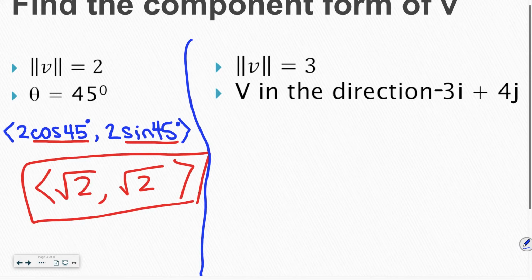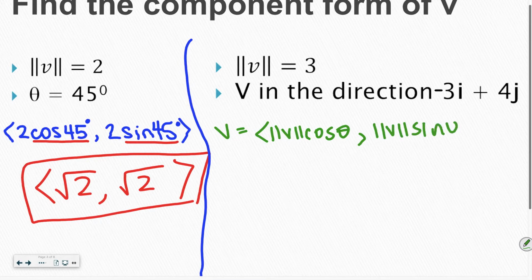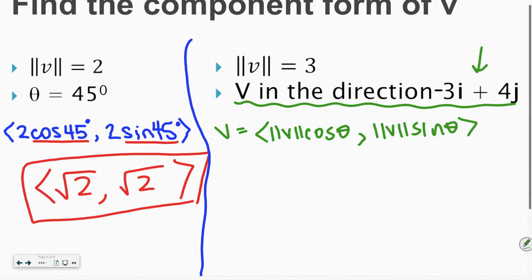All right, so if we are going to set up our vector, magnitude cosine theta, magnitude sine theta, what are we going to need to find first? We need to know the direction, theta. Now it says v is in the direction of this. I don't care about this vector's magnitude. I care about its direction. They're in the same direction. So we need to find the direction angle for negative 3i plus 4j.